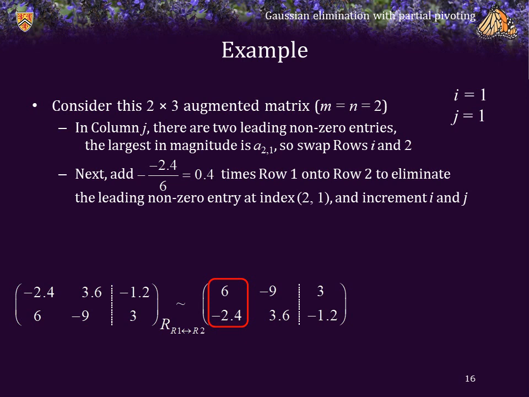We will now add an appropriate multiple of row 1 onto all subsequent rows so as to eliminate any other leading non-zero entry in column 1.